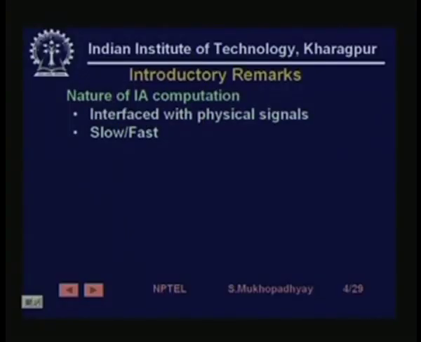These tasks, by the standards of other applications using computers, let's say digital communication or personal computing, have computational requirements that are generally called slow, although among themselves there could be tasks which are very slow. For example, temperature control tasks are very slow, having time constants of the order of minutes.